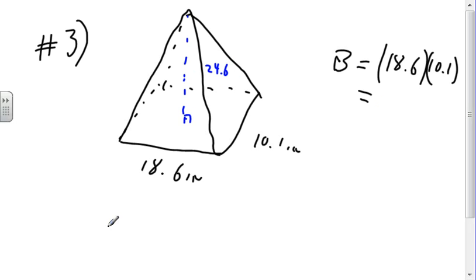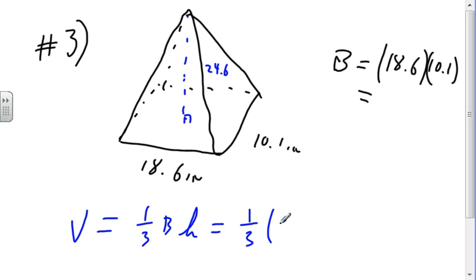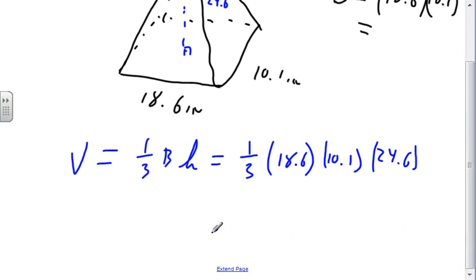Find the volume. Volume is equal to, now we didn't memorize it, right? So we've got to turn back to see what it is. 1/3 the base times the height. 1/3 times 18.6 times 10.1 times 24.6. When we get done, we're going to have inches cubed because it's a volume, so the units have to be cubed.